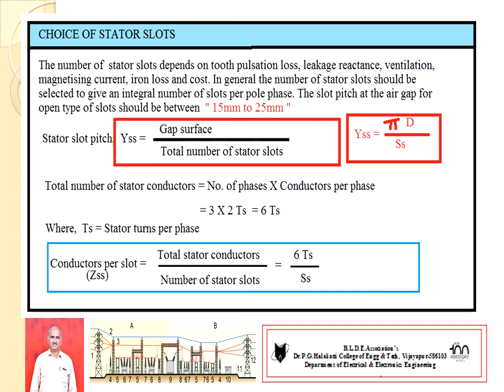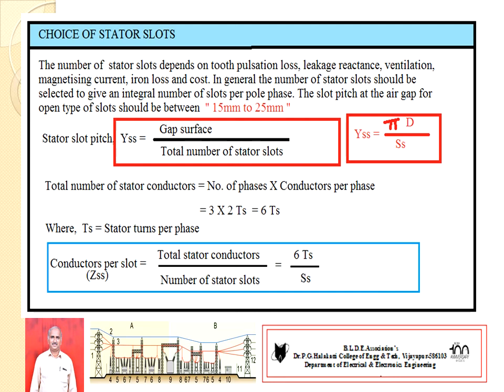Choice of stator slots. The choice of stator slots will affect the following factors. Number 1, tooth pulsation loss, leakage reactance, ventilation, magnetizing current in terms of power factor, iron loss and economy. Hence, the choice of stator slots should keep these points in mind.